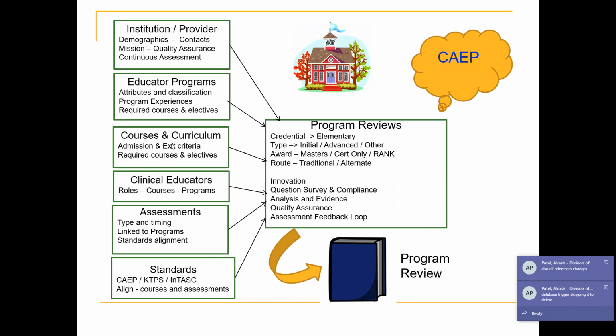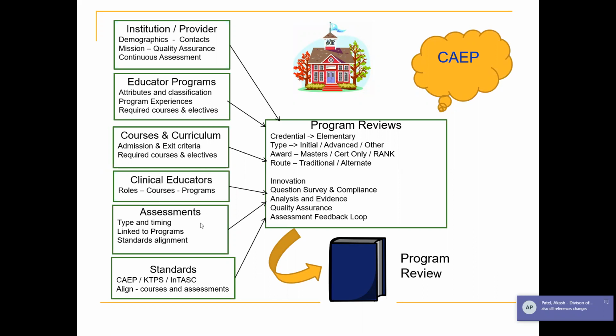We gather information about courses and the associated curriculum, your clinical educators or faculty, the assessments that you use, and then of course everything gets aligned to and linked to various standards. All this information gets gathered and pulled into a program review, and then we hope that these program reviews serve as a means of making you better prepared for accreditation, either through CAPE or state accreditation.